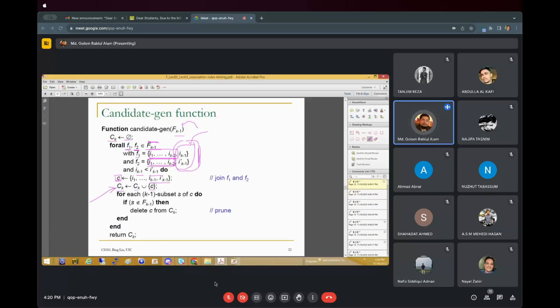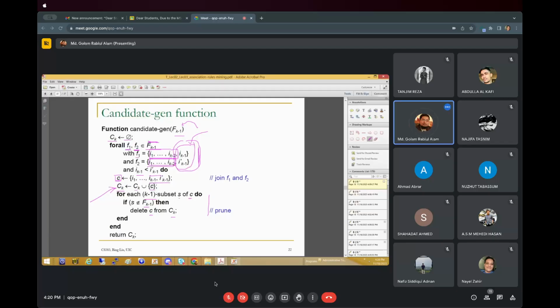But now for efficiency, we have to prune something. The pruning here is: for each k minus 1 subset S of C, if S is not an element of F k minus 1, then we have to delete the C from the Ck.